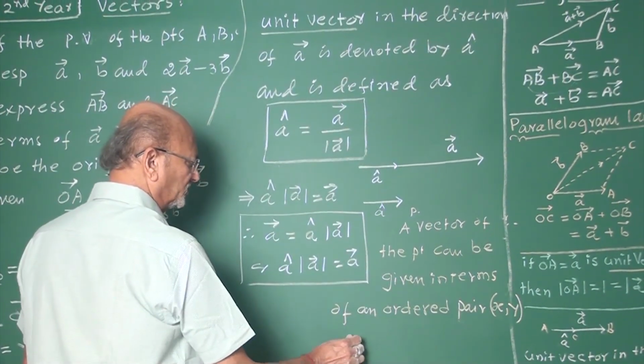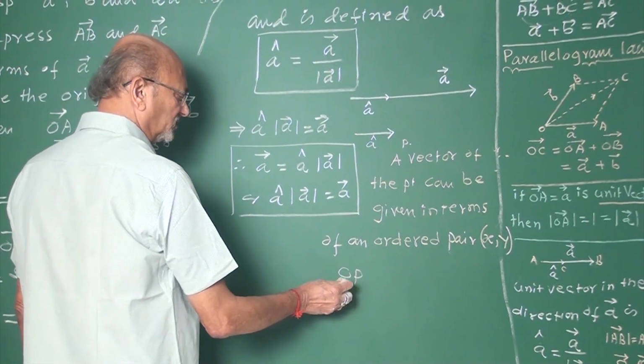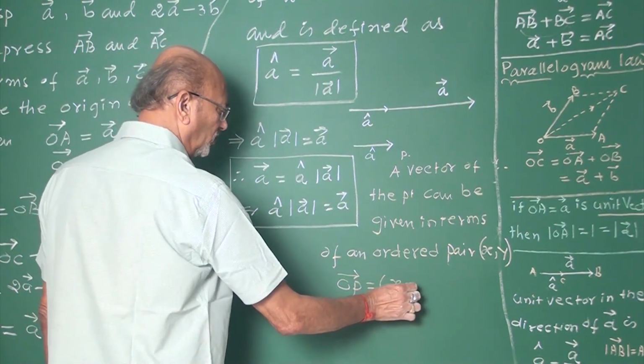Means if O is the origin of reference, P is the point, then this vector OP can be given in terms of what? Ordered pair xy.